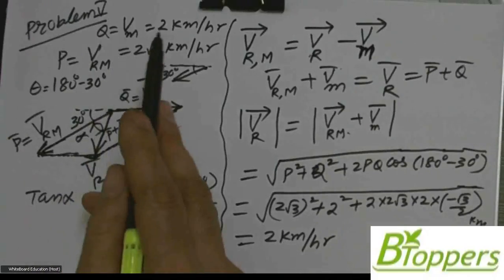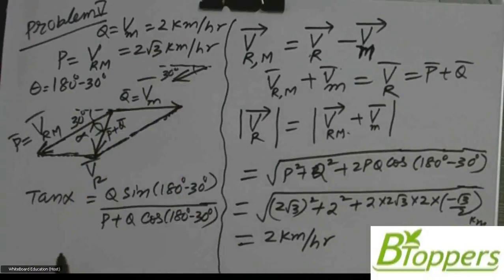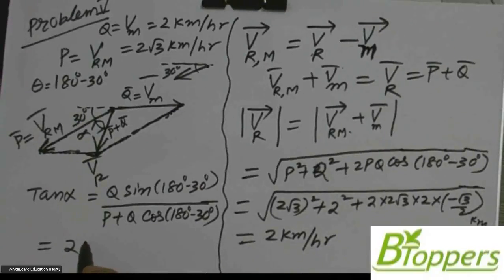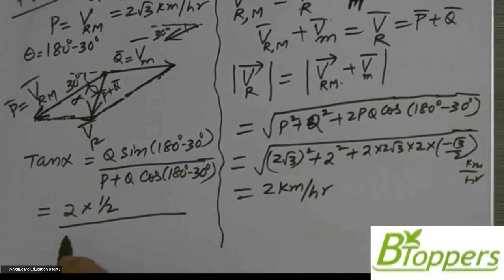Here q means the magnitude of the velocity of the man, which is equal to 2 km/h. Sin 180 degrees minus 30 degrees is equal to sin 30 degrees, which is equal to 1 by 2. P means here the magnitude of the relative velocity of the raindrops with respect to the man, that is equal to 2 √3 km/h.